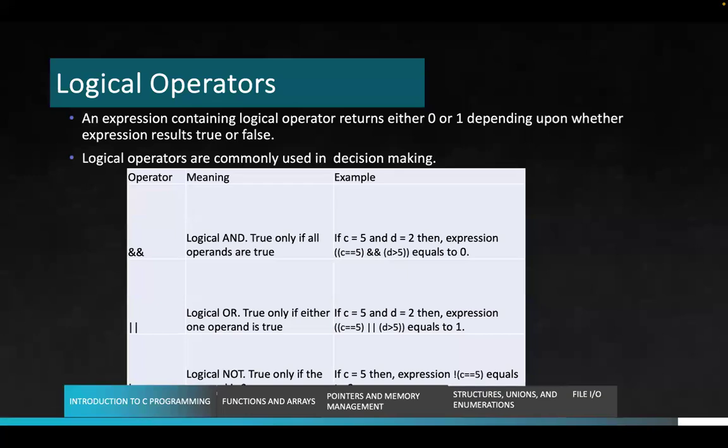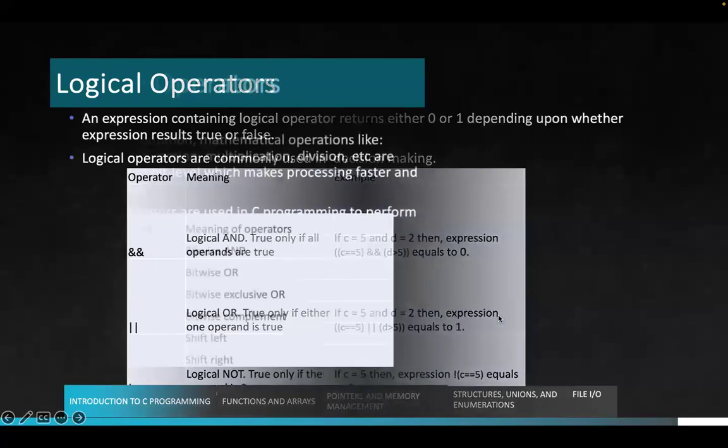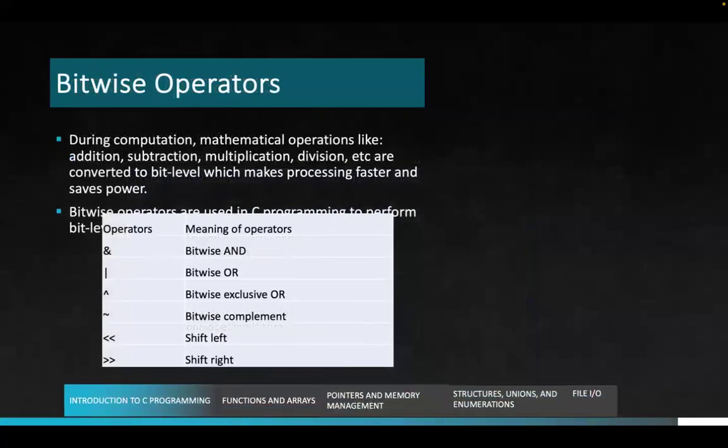If you want to handle this type of logical expression, you have to use a logical operator. Next is the OR operator. Next is the NOT operator. The same way you can use it for the NOT operator and OR operator as well. That is the logical operator, if you use doubles. If you use a single one, that is called a bitwise operator. With bitwise operators you can do operations like addition, subtraction, multiplication, etc., with every computation at the bit level, and it processes much faster.